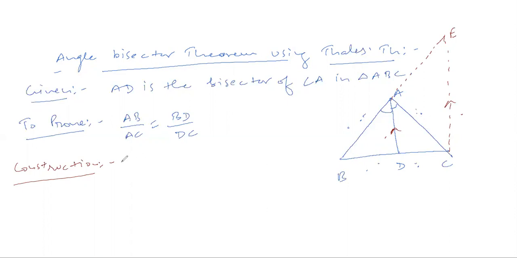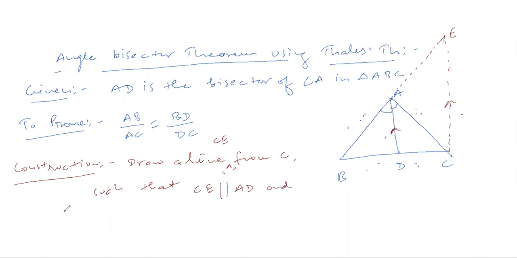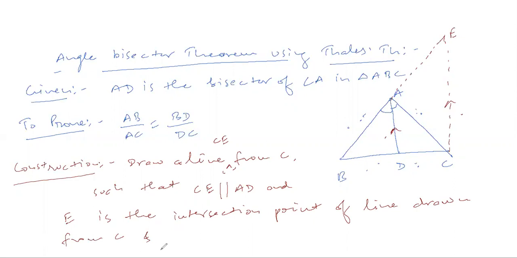So we can say, construction, just mention it here: draw a line CE from C such that CE is parallel to AD, and E is the intersection point of the line drawn from C and BA extended.